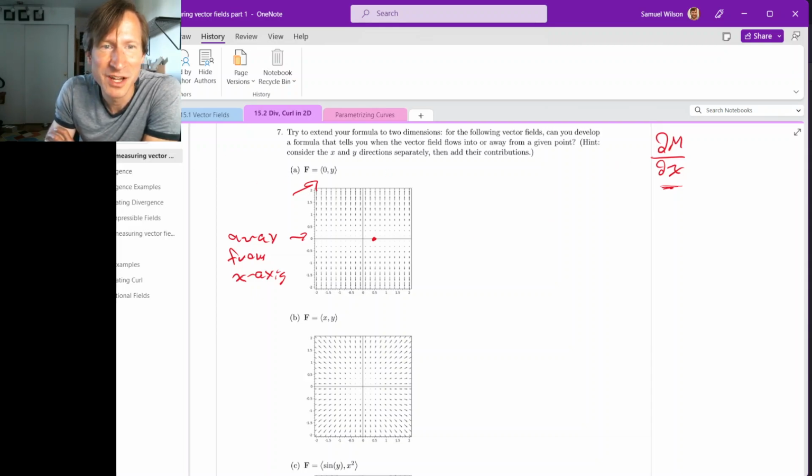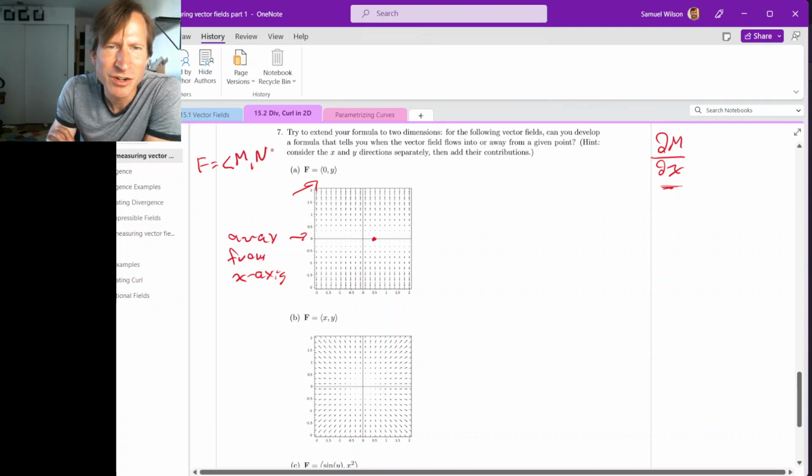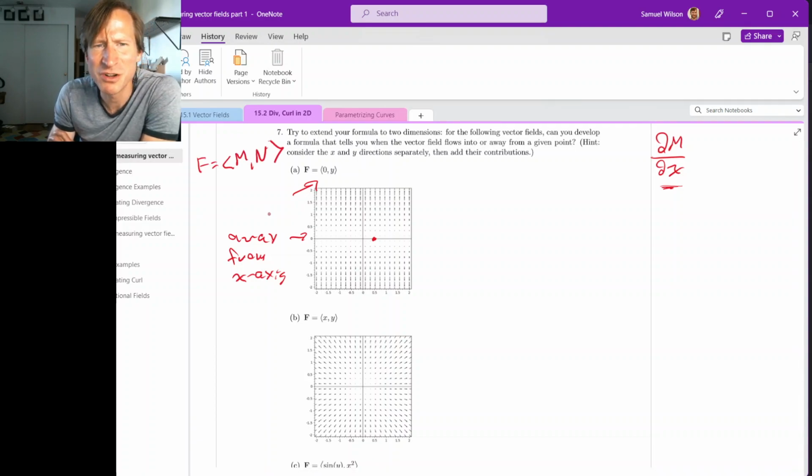When we have a two-dimensional vector field m comma n, whether it's flowing into or out of a point probably depends on both coordinates, not just one. So let's think about what could be changing in the y direction to cause flow out of a point.